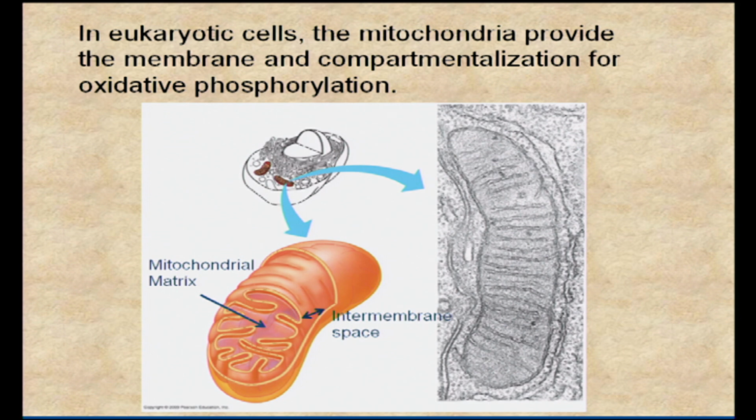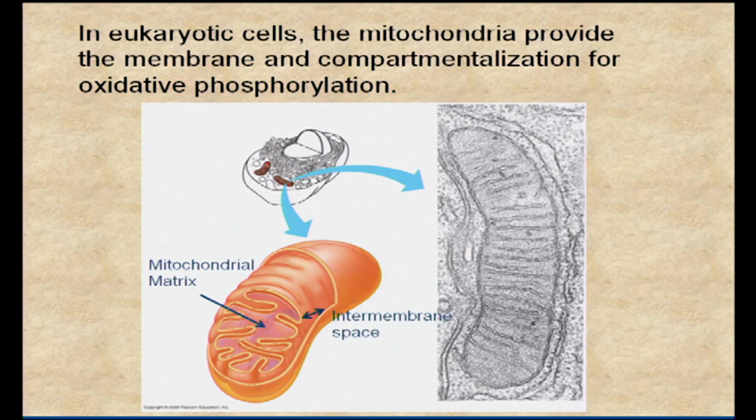Now you don't need to memorize that word because inter means between, and it is indeed the space between the 2 membranes. So what's critical about the mitochondria is that you have an organelle with 2 membranes, and the 2 membranes break it out into 2 compartments, an internal compartment called the matrix, and a more external compartment called the intermembrane space. Keep that in mind as we move forward.